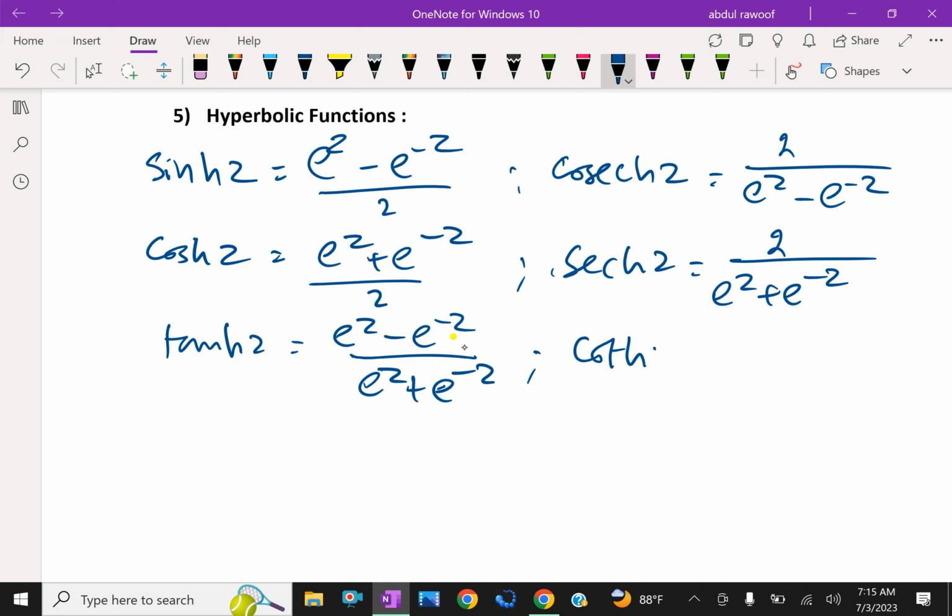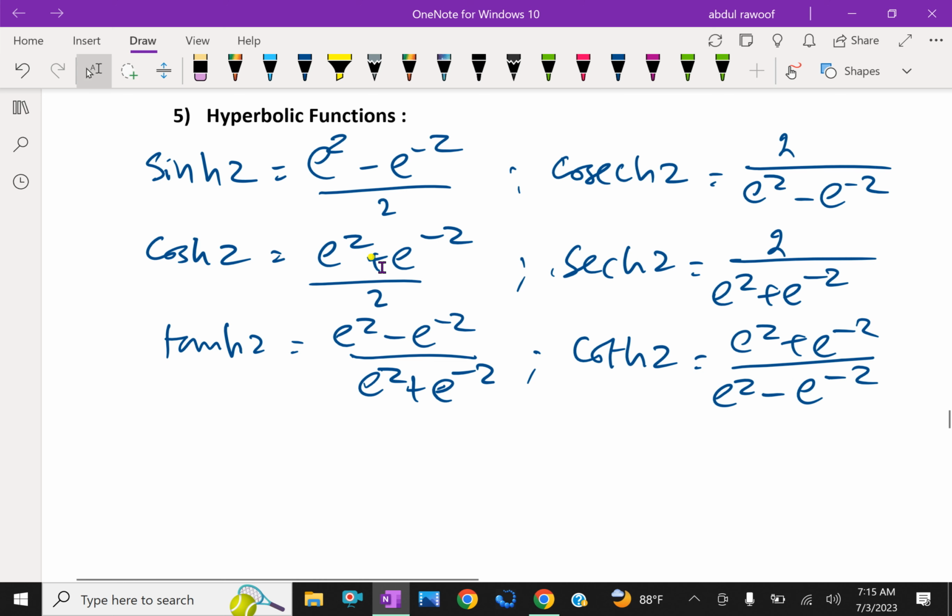Cot hz equal e power z plus e power minus z over e power z minus e power minus z. Here it's better to remember these identities. That is why I wrote the same things for you, so it is easy to remember. If you rewrite it one more time yourself, we can keep it in mind.